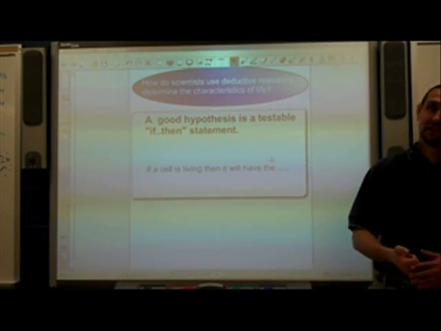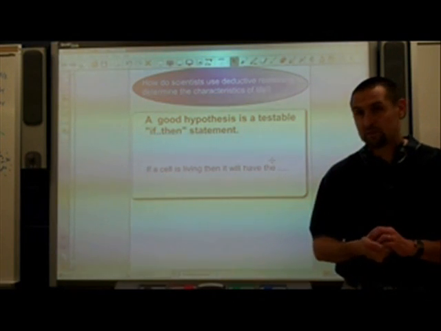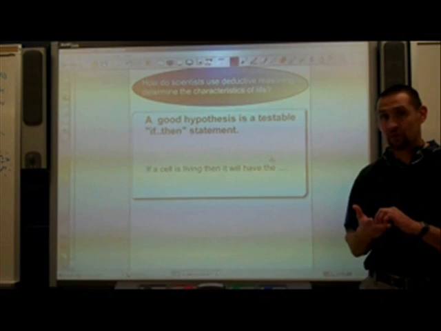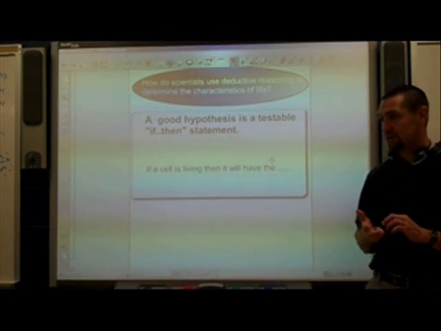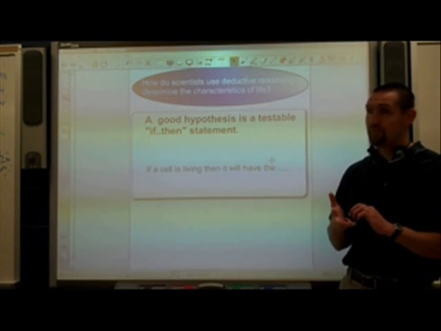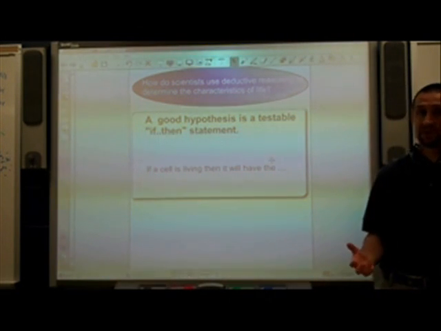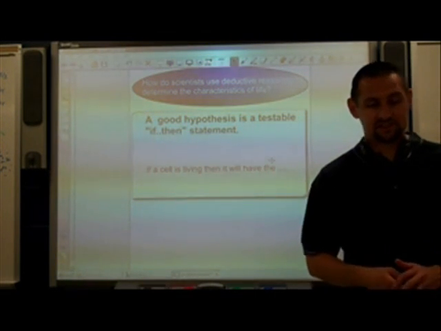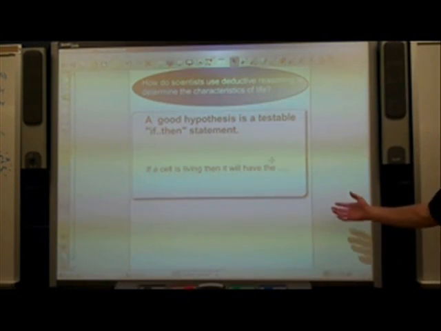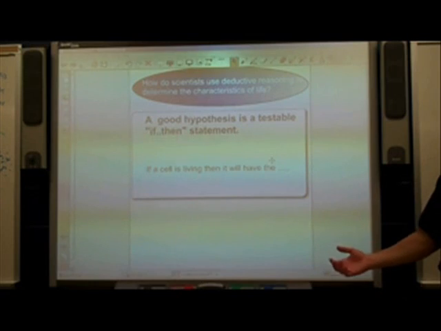So we might ask, can a cell maintain homeostasis? Can a cell reproduce? Can a cell grow and develop? Can a cell metabolize? Make and use energy? And the answer to all those questions is yes, there are cells that can do those things. So cells are the smallest unit of life.